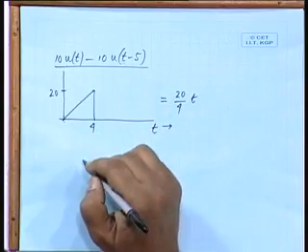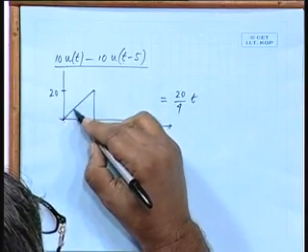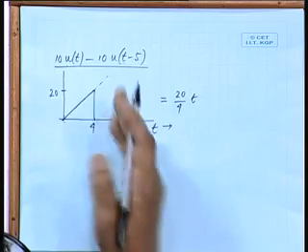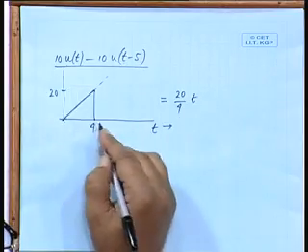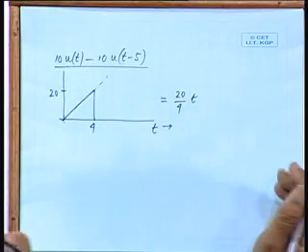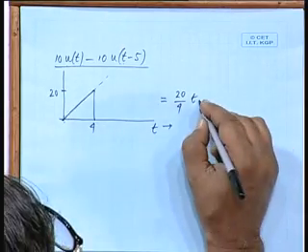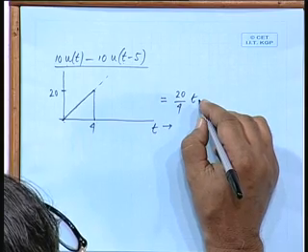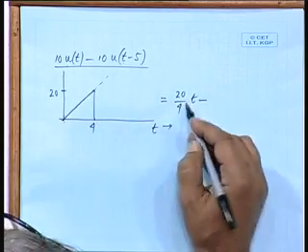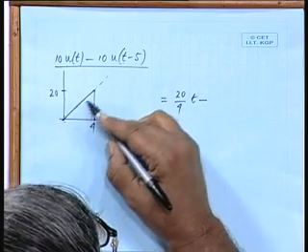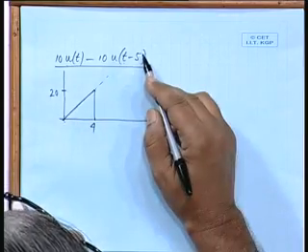If I take 20 by 4 t, this will be a continuous function, but then it has to be interrupted at 4th second, that is at t equal to 4 it has to be brought down to 0. So, minus 20 by 4 into t represents this, that will be there.